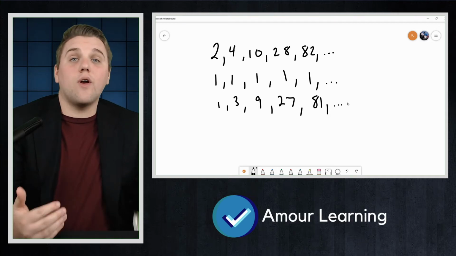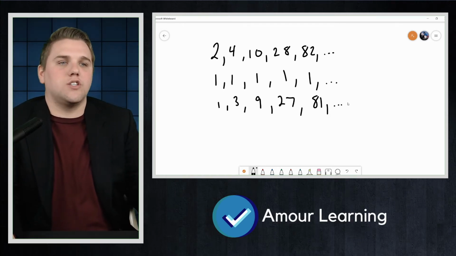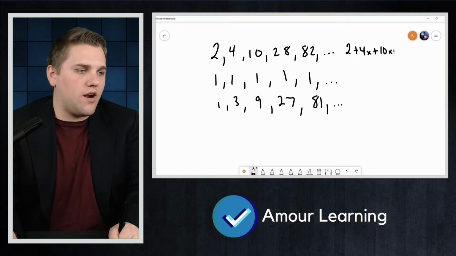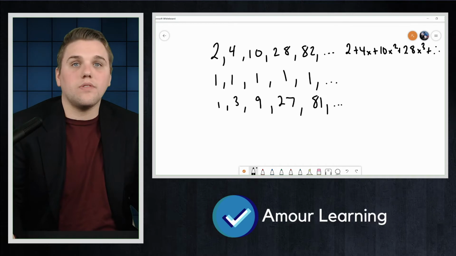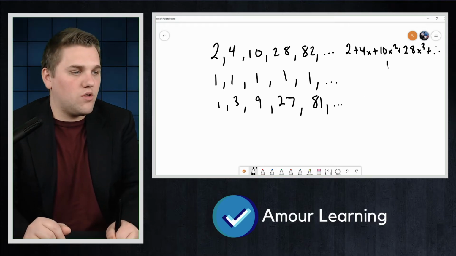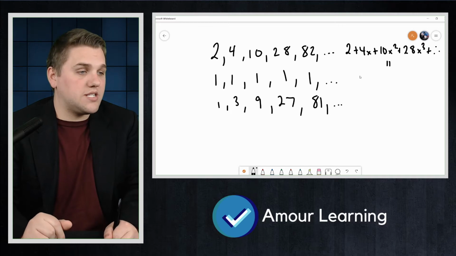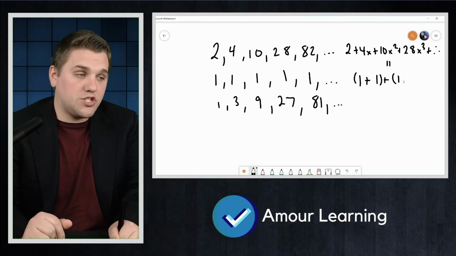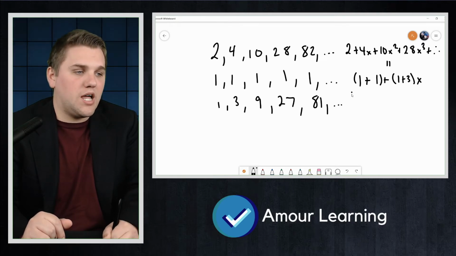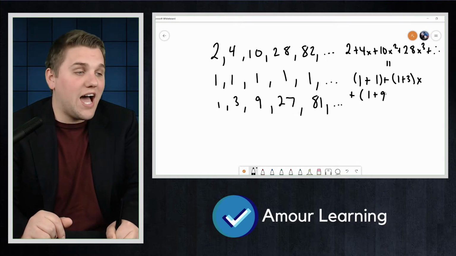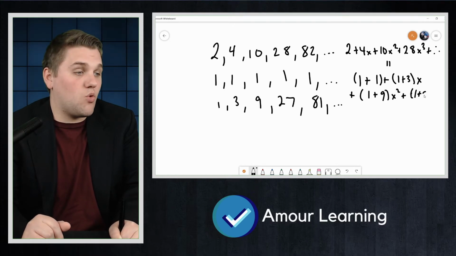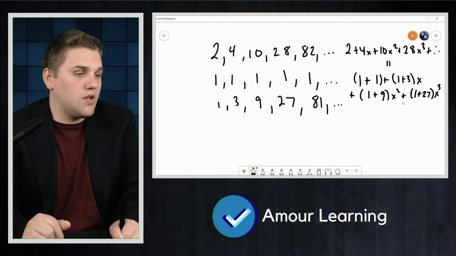Therefore, we can get a generating function by adding the respective generating functions: 2 plus 4x plus 10x squared plus 28x cubed and so forth, which is going to equal (1 plus 1) plus (1 plus 3x) plus (1 plus 9x squared) plus (1 plus 27x cubed) and so forth.